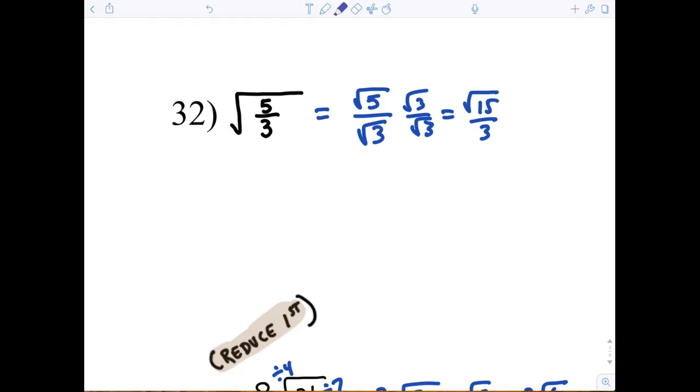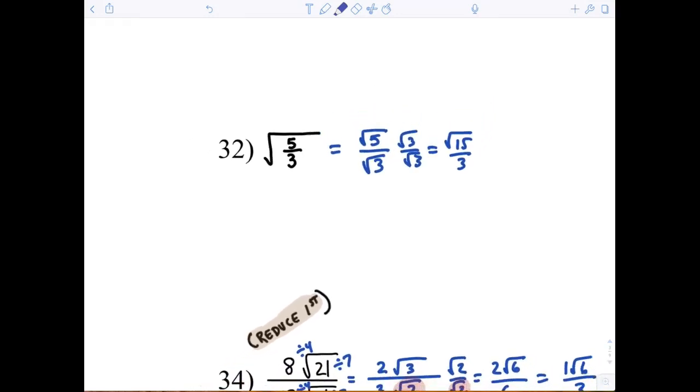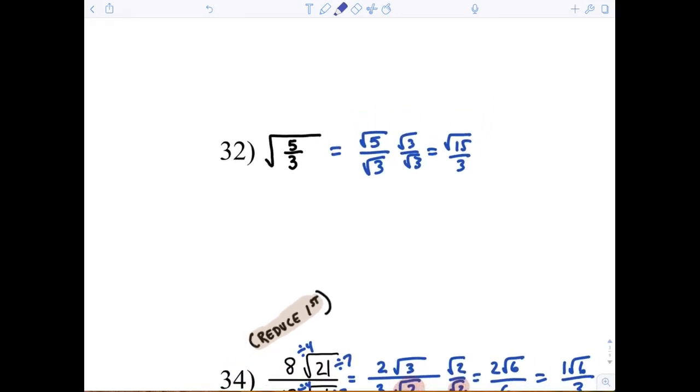The square root of 5/3 is the same as the square root of 5 over the square root of 3. I just rewrote it. What's the solution?